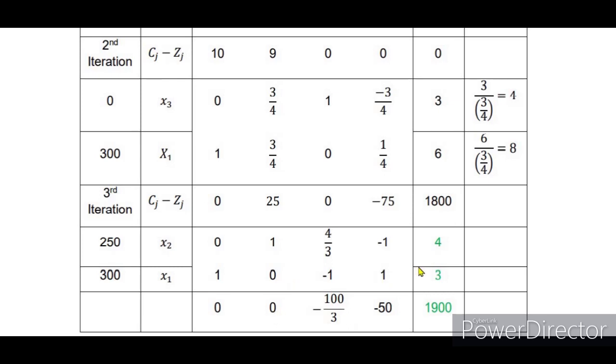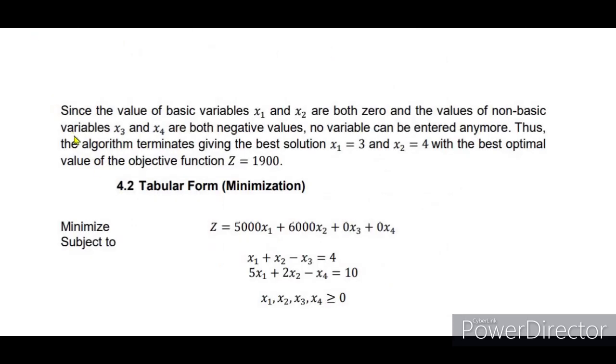So the optimal solution for x sub 2 is equal to 4, then x sub 1 is equal to 3, with the optimal z value of 1900. Right? Since the values of the non-basic variables x sub 3 and x sub 4 are both negative values, no variable can be entered anymore. Thus, the algorithm terminates giving the best solution. Okay?